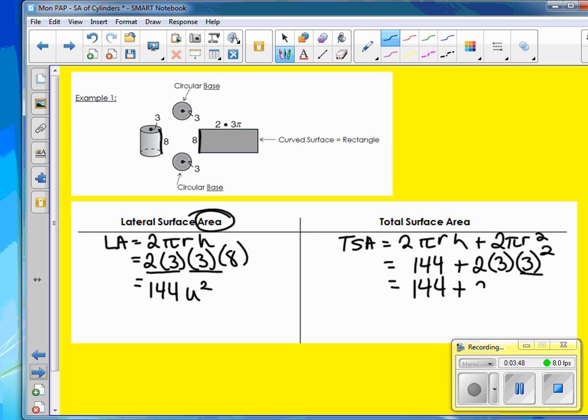My square first is 9, 3 times 3. Remember, that's not 3 times 2. And then I can do this in any order. 2 times 3 is 6. 6 times 9 is 54. And when I add those two together, it's going to give me 198 units squared, again, because we're talking about area.